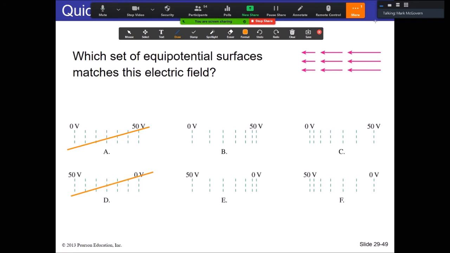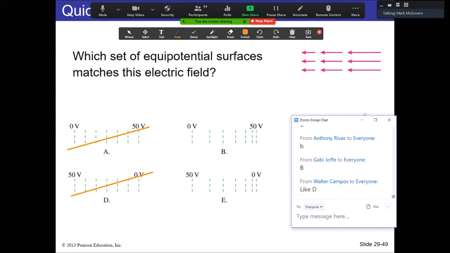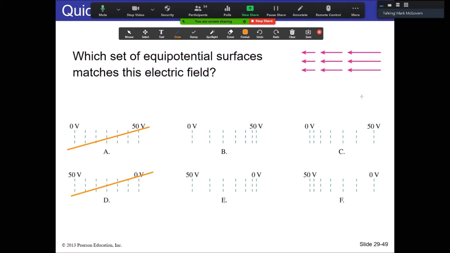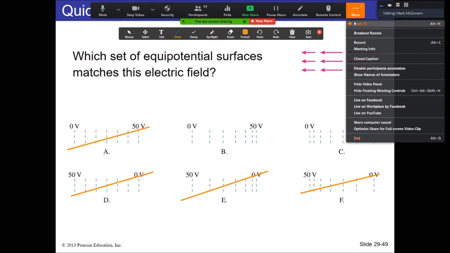No, it's not a constant, so that's wrong. What about the concept that potential decreases as you move along the electric field direction? Well, that means I don't like E very much, and I don't like F, because it's indicating that my potential is increasing. So my options are now B and C.